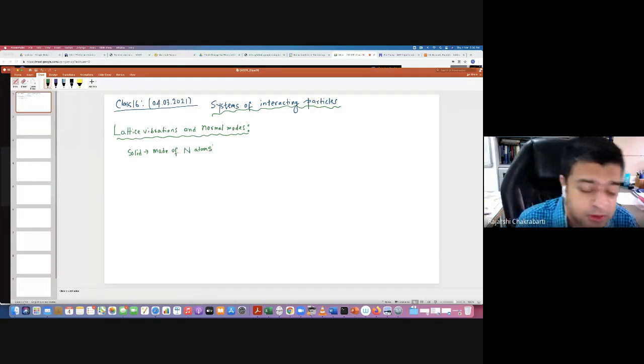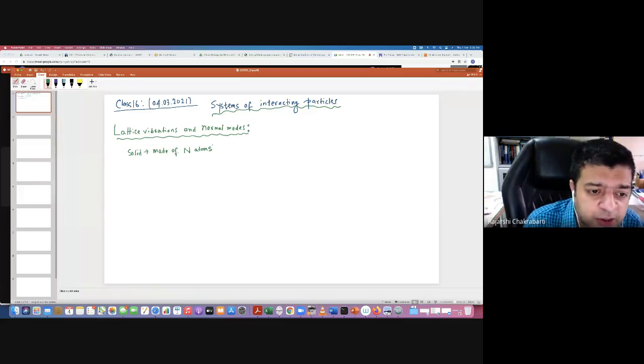If I take a piece of solid, N is huge, of course. And each atom I can describe by its mass and position coordinate.